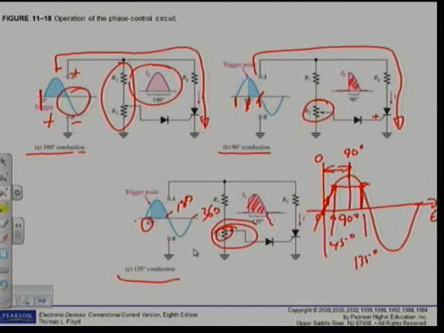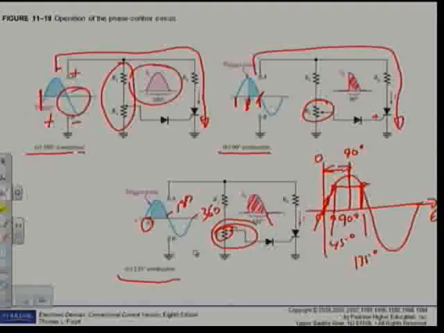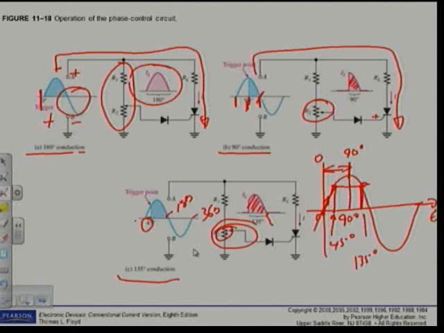All right, let's go and have a look at this example. Example 11.4 on page 564. They state, show the voltage waveform across the SCR in figure 11.19 from the anode to the cathode ground in relation to the load current for 180 degrees, 45 degrees and 90 degrees conduction.